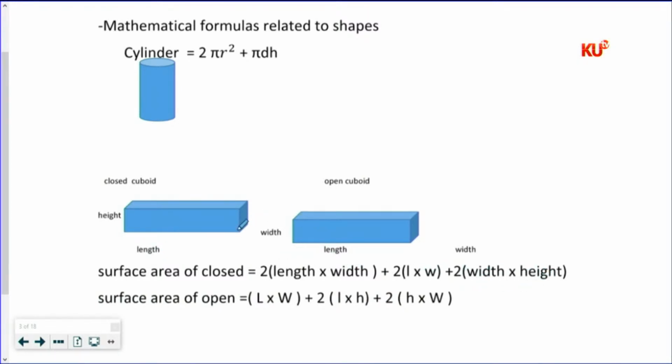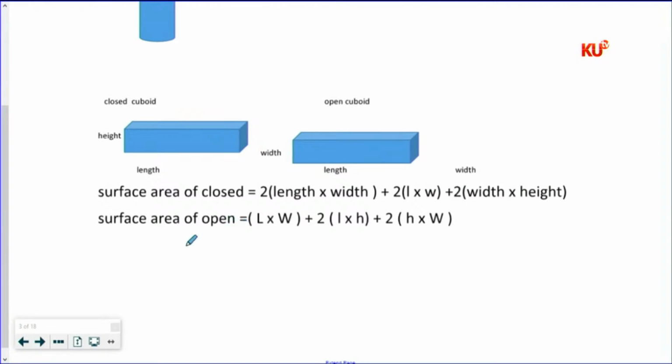This width times this height. And we have the initials as we use. Surface area is equals 2 into length times width plus 2 into length times width, that is for this one, plus 2 into length times height, that is for this one and this one.